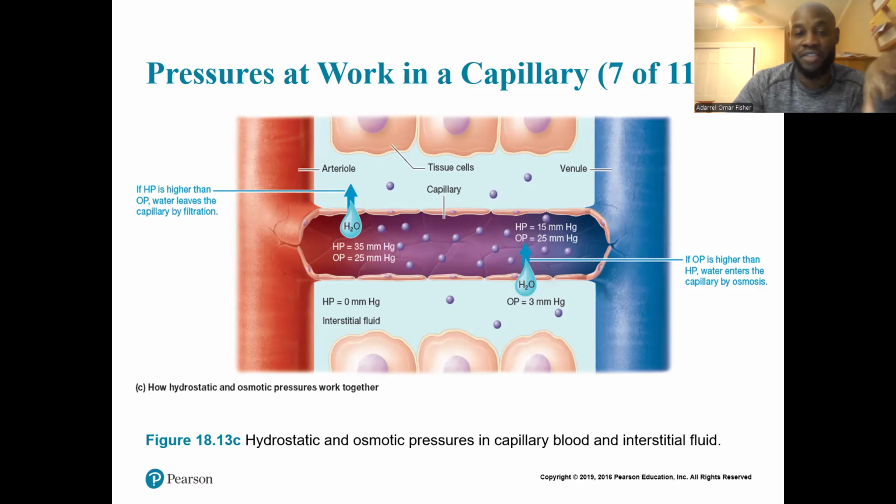So the net difference, 35 minus 25, is 10. So the water is going to be pushed out. But at the other end, near the venule, the hydrostatic pressure is only 15 and the osmotic pressure is still 25. And so the hydrostatic pressure is lower, therefore water will be drawn in.